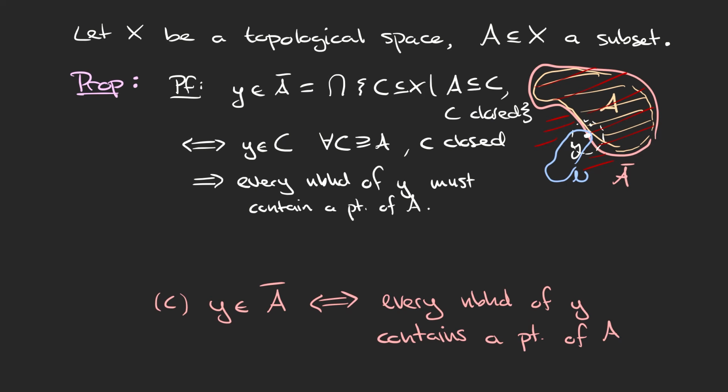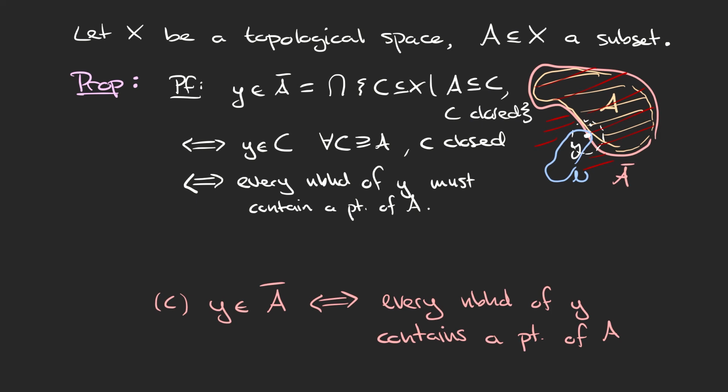Now, this argument works in both directions, because suppose that every neighborhood of y contains a point of A. Now assume for the sake of contradiction that there is some closed set that contains A, but that does not contain y. Well, then the complement of that closed set would be open and a neighborhood of y.